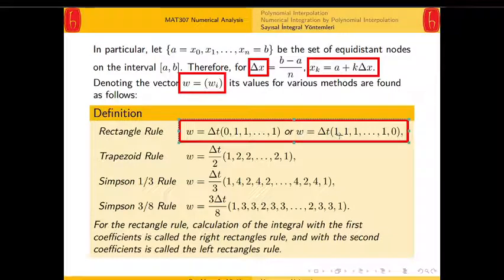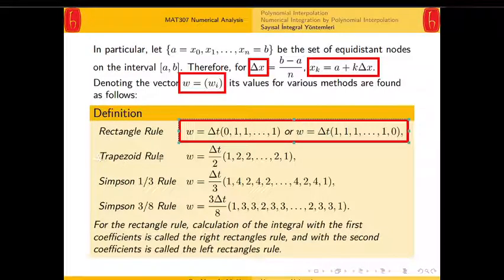And also here is some other formulation for the rectangle rule: delta t again for w1, and w2 will be delta t, and wn minus 1 will be delta t, and wn will be equal to 0. So these are two options for the rectangle rule.